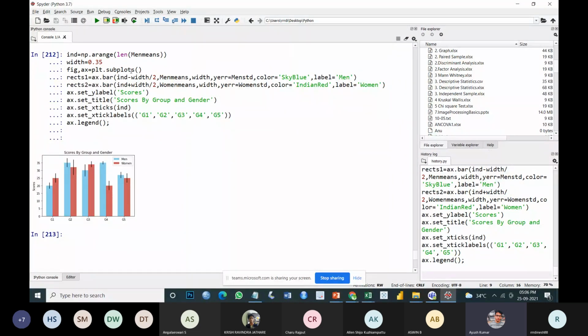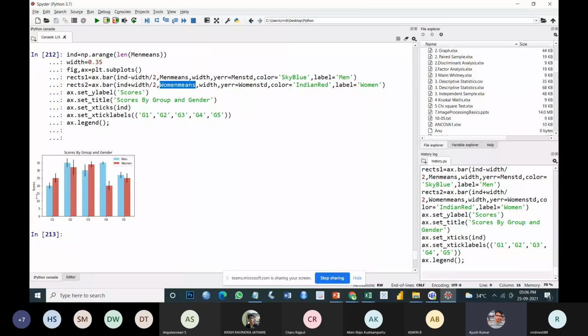The first portion we are allocating for men. Then yerr equal to men standard deviation, the black color line, color sky blue, label is men. Whereas in rects2, ind plus width by 2, women means.